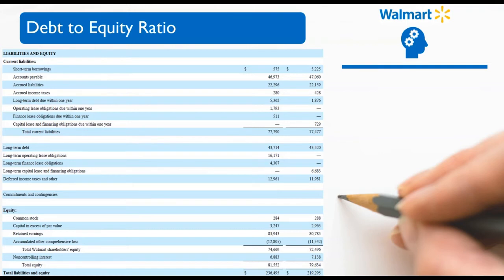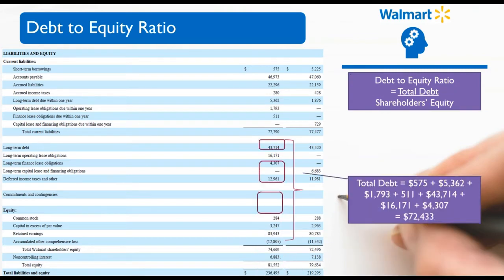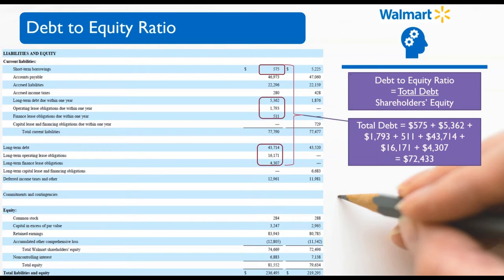On this slide, we will now calculate the debt to equity ratio for Walmart. Again, using the same formula, we'll start with total debt. And here we can see there's multiple components to Walmart's total debt amount.